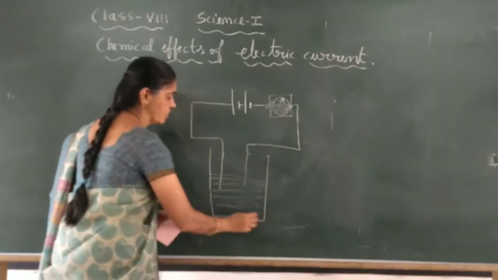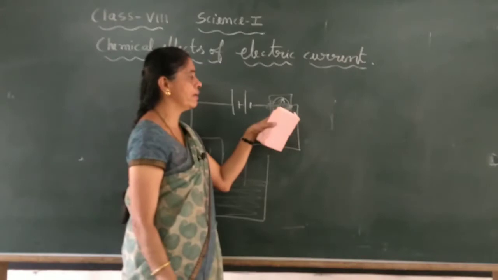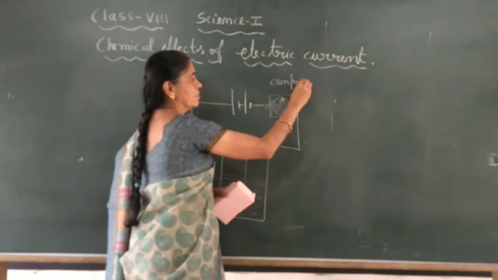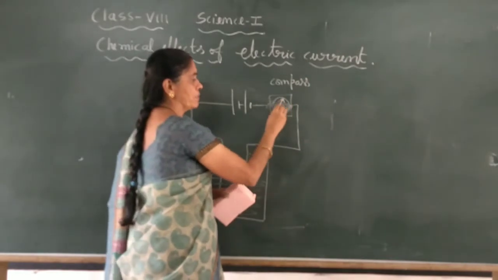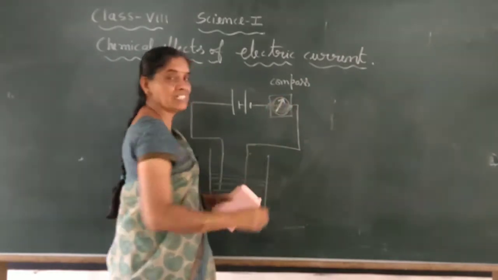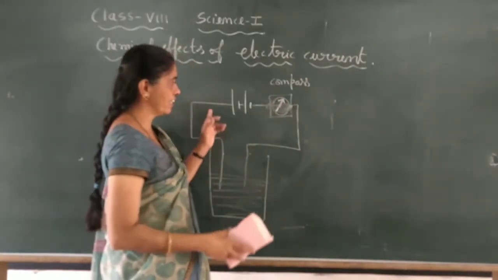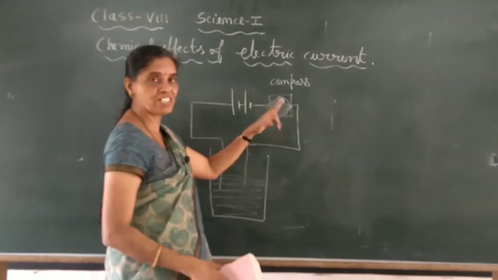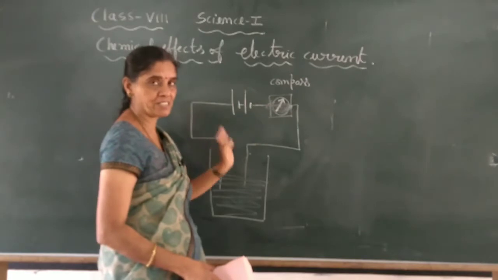They have given this also, instead of the bulb you can take a compass. There will be a small magnetic needle. When current flows in the circuit, the needle will show a deflection, a movement, indicating the presence of current.